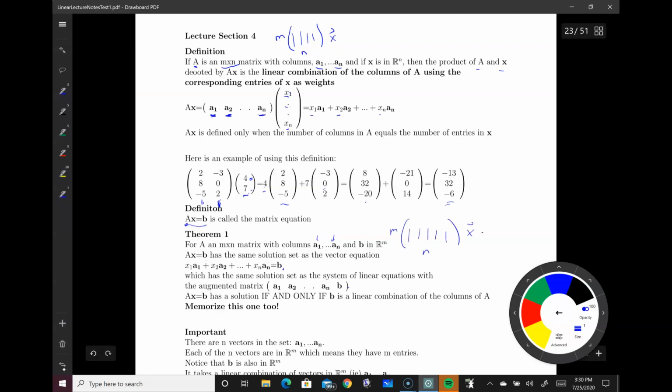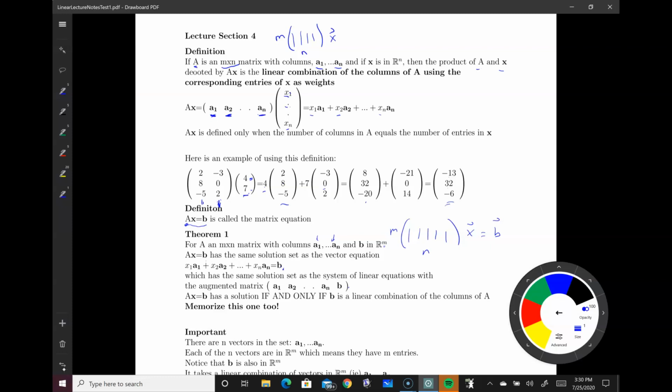And x is in Rn, and b is in Rm. So that means there's M entries in there, right? So Ax equals b, which is the matrix equation, has the same solution set as this vector equation. So you should know the difference between the matrix equation and the vector equation. And they have the same solution set as this augmented matrix.